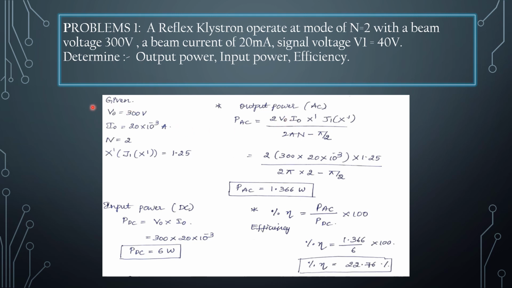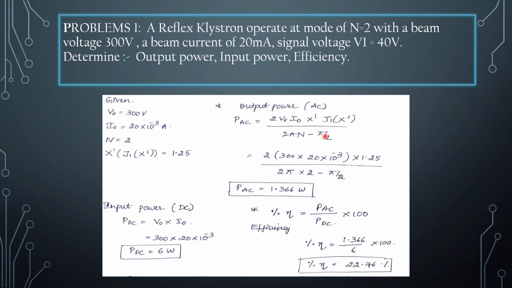The given values can be substituted here, so 2 into V0 value is 300, so 300 into I0 value is 20 into 10 power minus 3 ampere, so 20 into 10 power minus 3 in brackets into the standard value 1.25, and it is whole divided by 2 pi into the n value, which is 2, minus pi by 2.